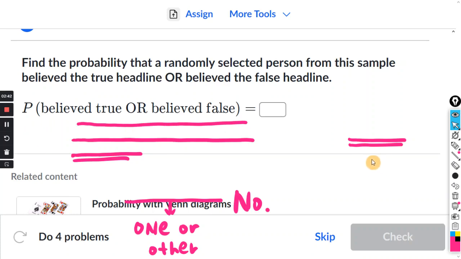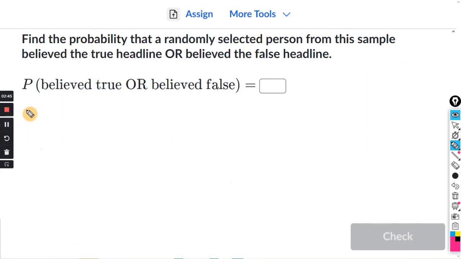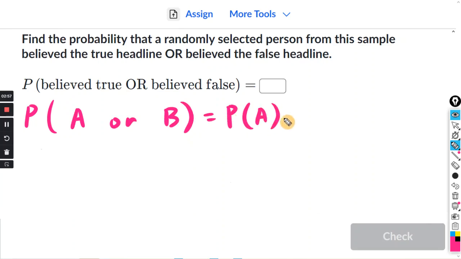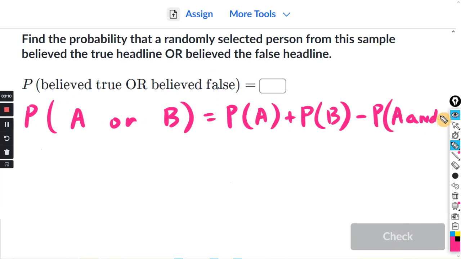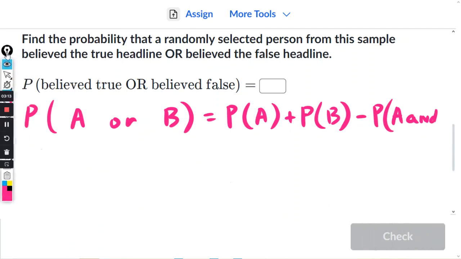So we said a minute ago, the probability of A or B is going to equal the probability of A plus the probability of B minus the probability of A and B. In other words, we are subtracting the overlap. So it's going to be believed true or believed false.